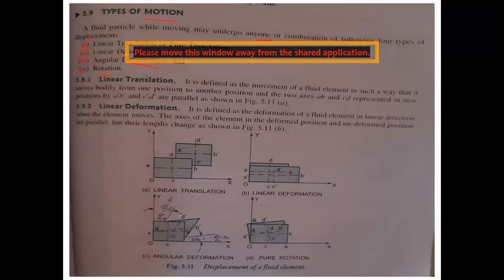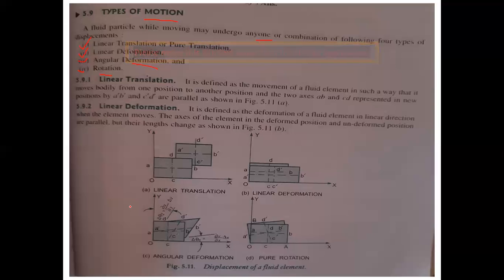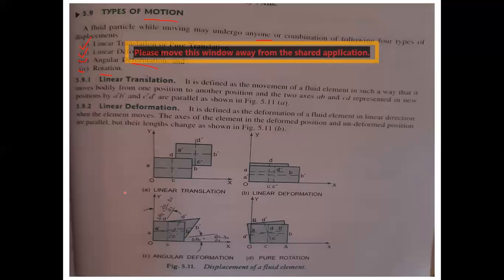Next, the third one is angular displacement. Whenever you get angular displacement, the angle changes. Initially we have ABCD, and when it rotates through an angle, the base datum line along the x-axis makes some other line, that is dou y by dou x, dou y by dou y.